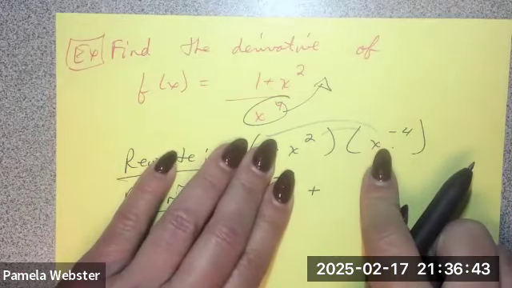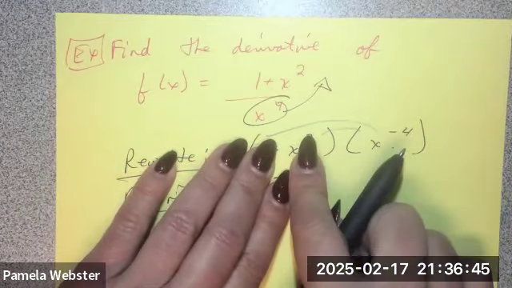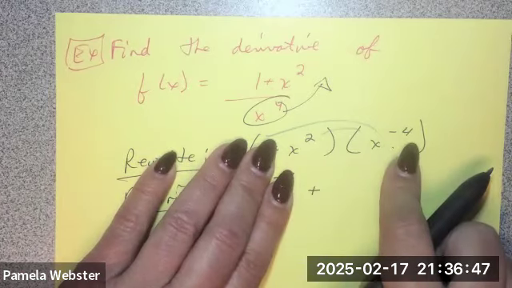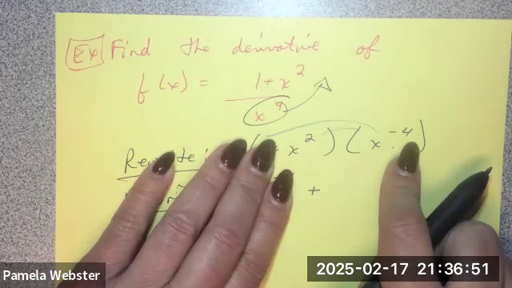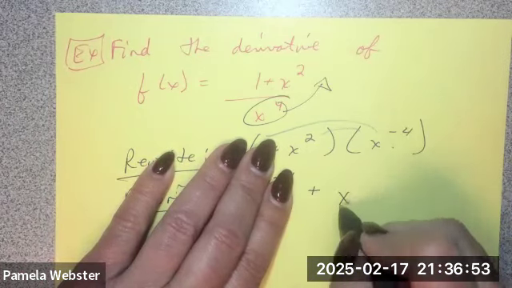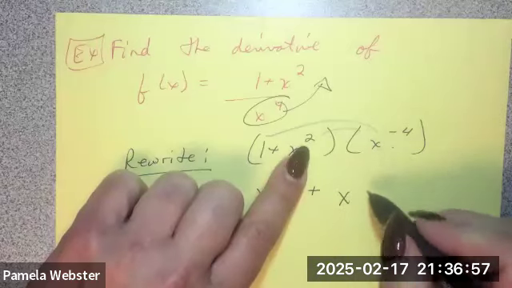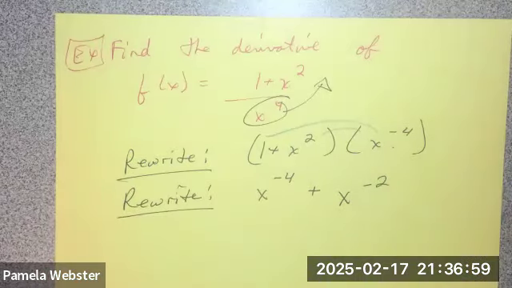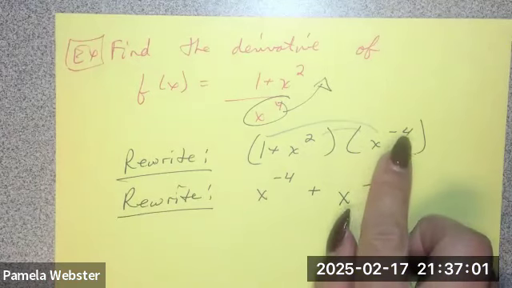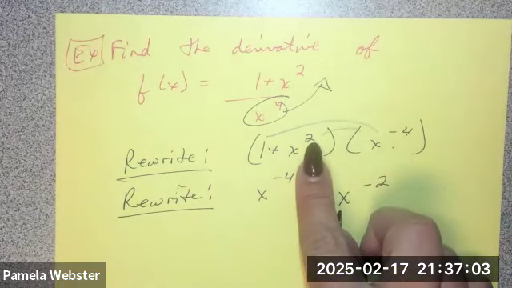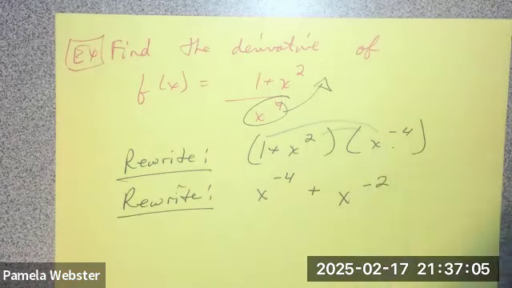I'm multiplying, so I add, but one's a negative and one's a positive. So the rule for adding integers is when you have different signs, you subtract them. So it's x to the 4 minus 2 is 2, and you take the sign of the bigger number, right? So if you wanted to, you could punch that on your calculator. -4 plus 2 gives me a -2 there.